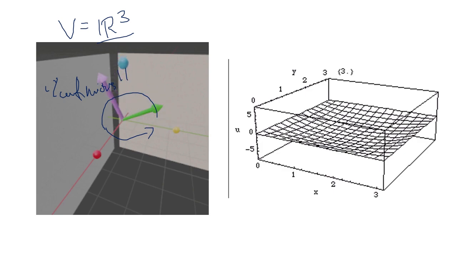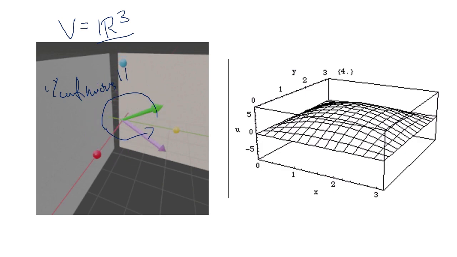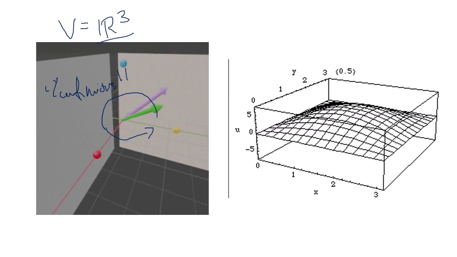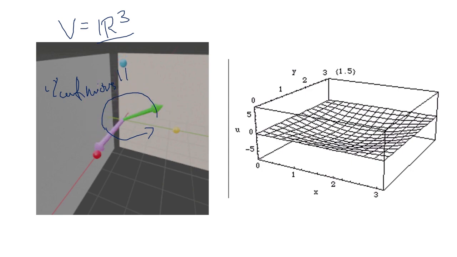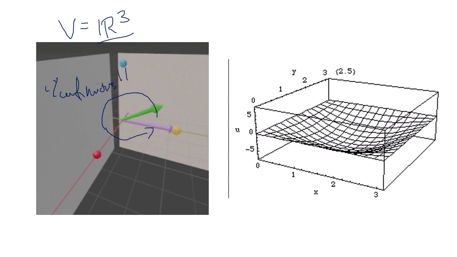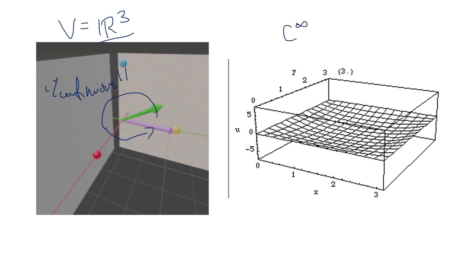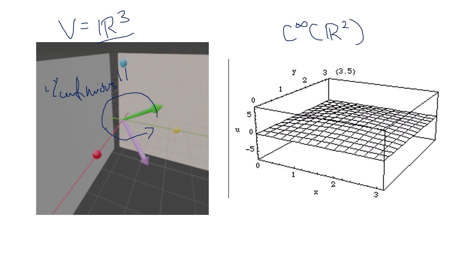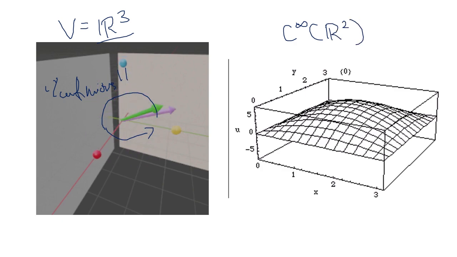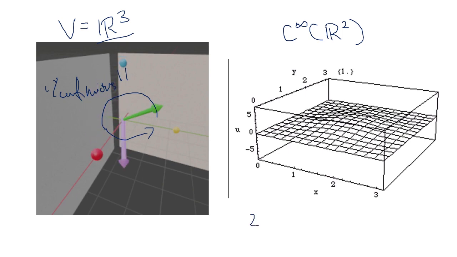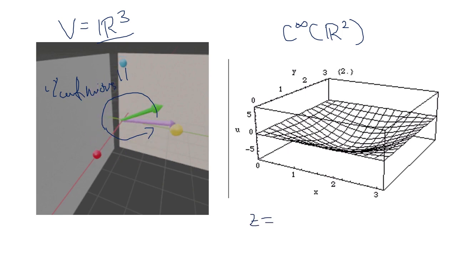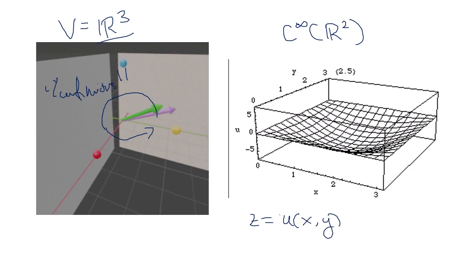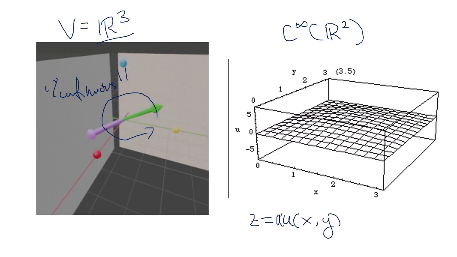Maybe more interesting, especially if you're trying to solve a differential equation or system of differential equations, is the example on the right, which we can consider as part of the vector space of smooth functions of 2 variables, C infinity of R2. Imagine an oscillating motion: we start with a function z equals u(x, y), and multiply it by some scaling constant alpha.